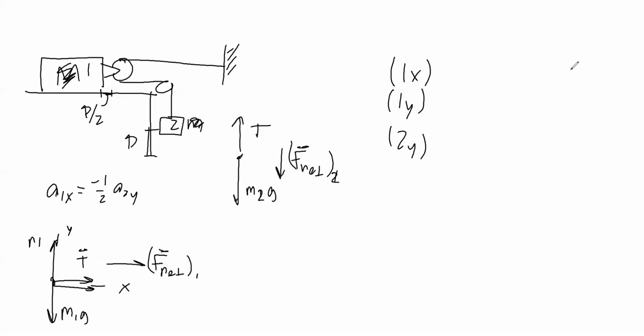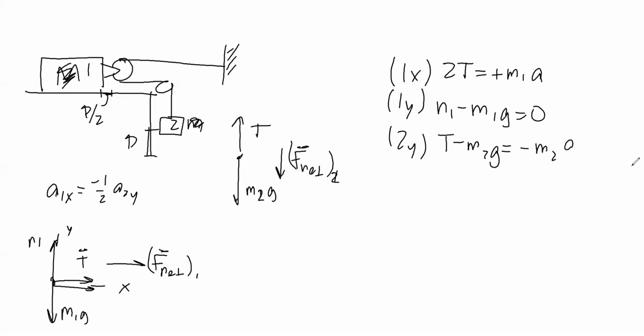So 1y is the obvious N1 minus m1g equals 0, the one that we don't use. 1x is going to be 2T equals m1a1, and then 2y, the one that's hanging, will be the same T minus m2g, and this is where the acceleration constraint comes in, equals minus m2 acceleration over 2. So that's how the acceleration constraint shows up in this example.